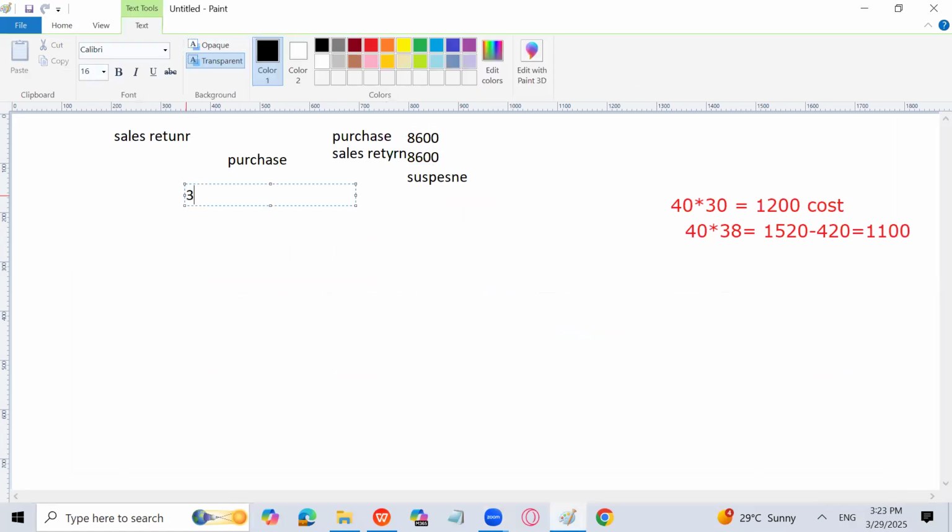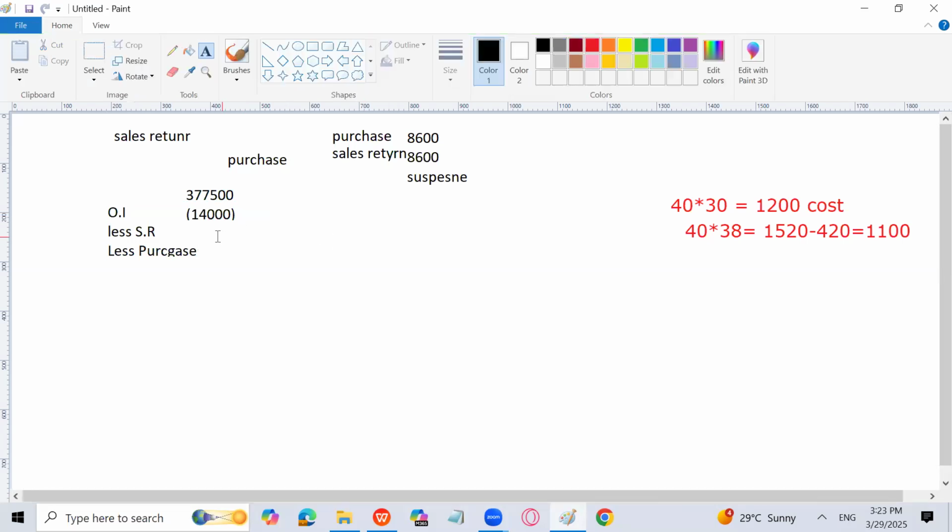Now I will find the corrected gross profit. That is 377,500. I will subtract 14,000, that is the opening inventory from the gross profit, which we have already done. Then I have to subtract less sales return, then less purchases 8600 and 8600.